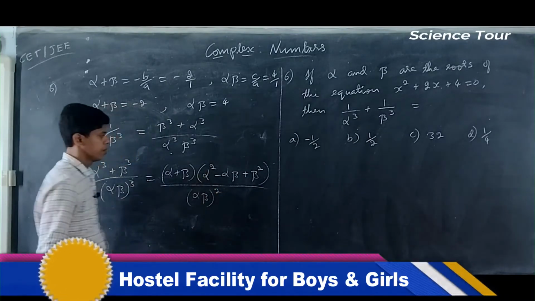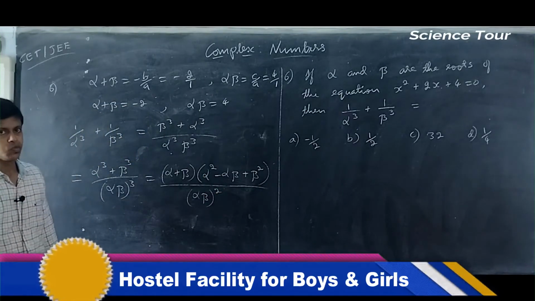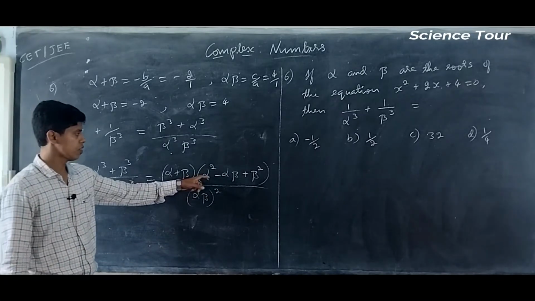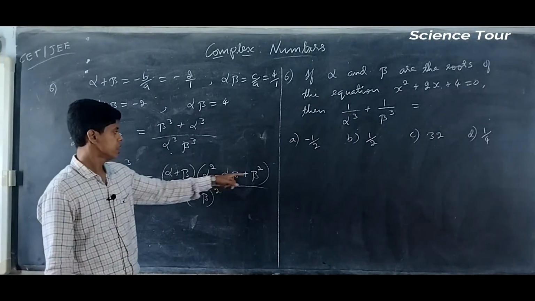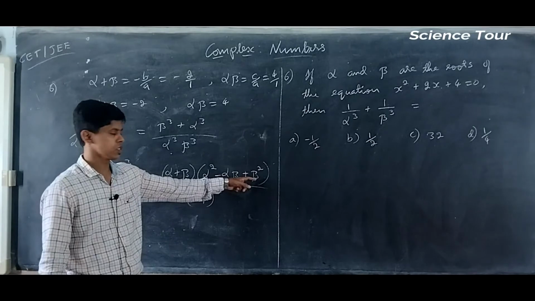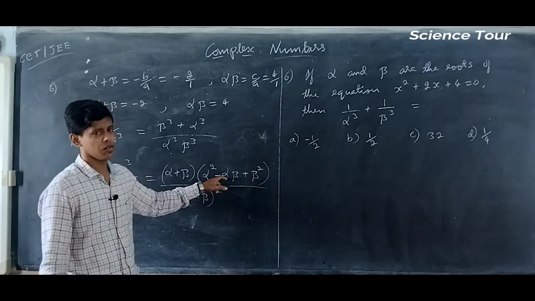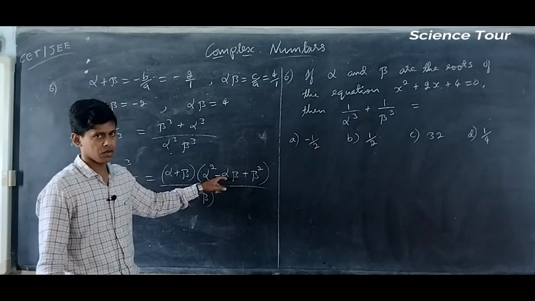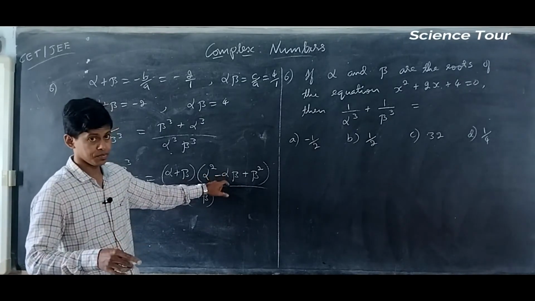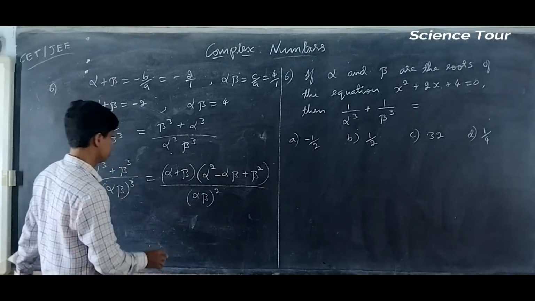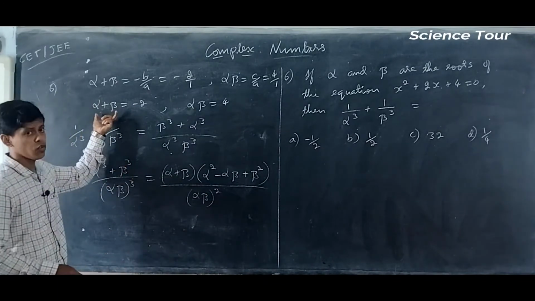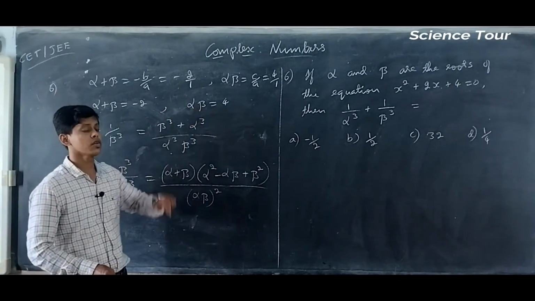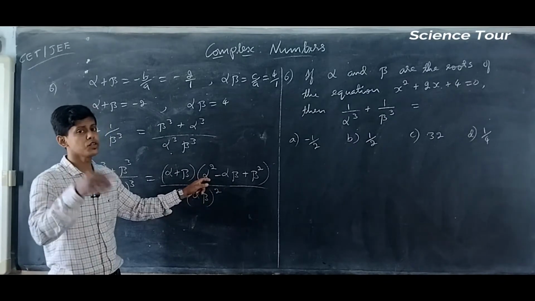Now you have alpha square and plus beta square. You have got minus alpha beta. So add alpha beta and subtract alpha beta here. Why do we have to do this? Because we know the value of only alpha plus beta and alpha beta. What will you substitute in place of alpha?